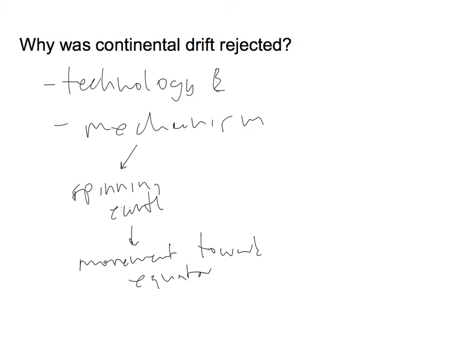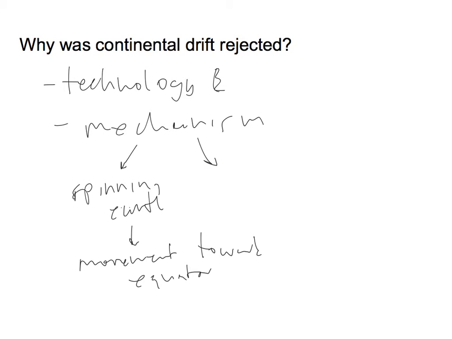The other, he also talked a little bit about maybe the gravitational pull of the sun and the moon. These tidal forces could perhaps push things around as well. The problem, though, is that he's proposing that we have the.